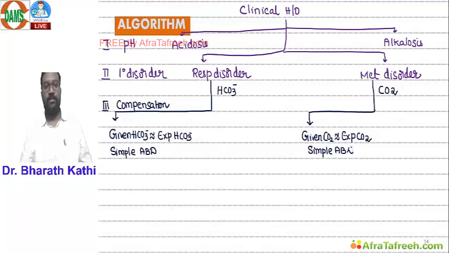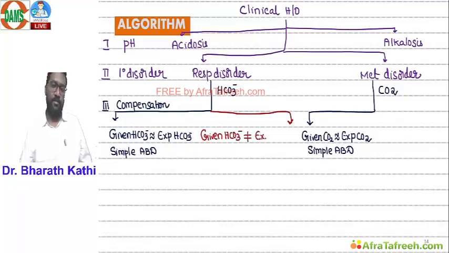If given and expected are not correlating, this can happen uncommonly. Given bicarbonate is not correlating with expected bicarbonate.